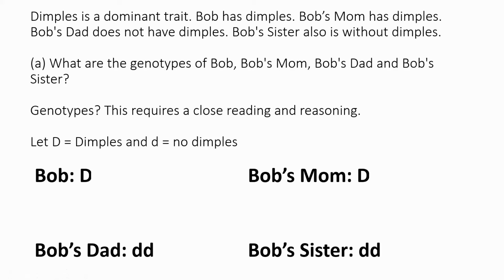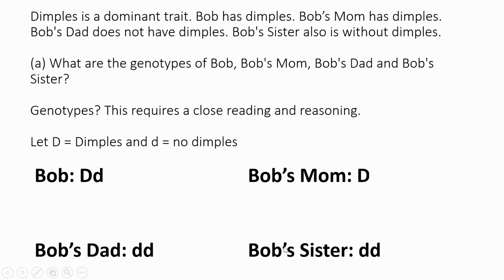3, 2, 1. All right, so we know that Bob has to be heterozygous. If you figured this out, that's awesome. The reason we know this is because Bob has dimples, so he has to have at least one dominant allele, but the dad can only pass on recessive alleles, so Bob has to receive at least one recessive allele from the father.